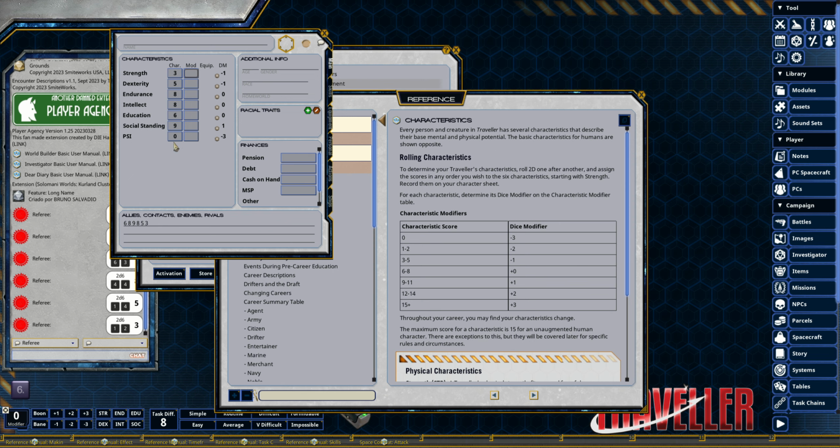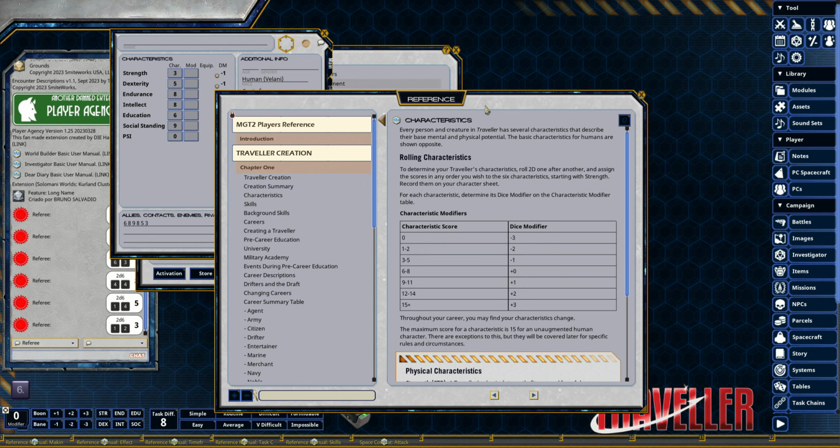The psi is at -3 because we do not have anything in that stat, and we're not going to worry about it for now. Race, I'm going to be a human, and I'm going to be a Villani. I think that's what they're called. For homeworld, I'm going to go ahead and make my homeworld Capital, because why not? Okay, so those are our characteristics.